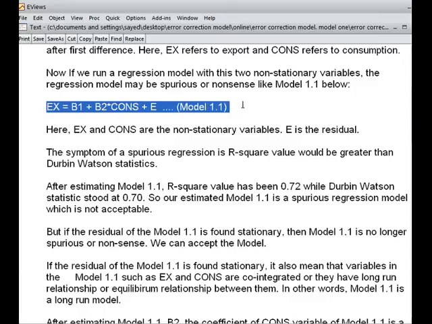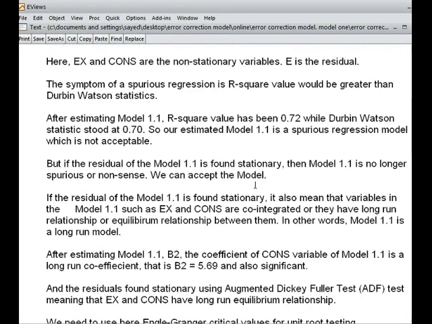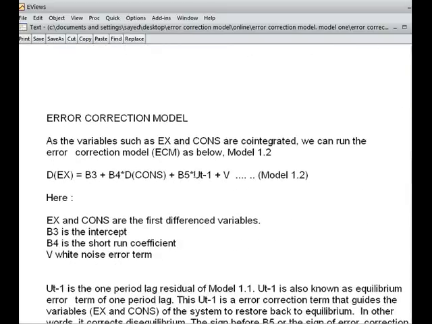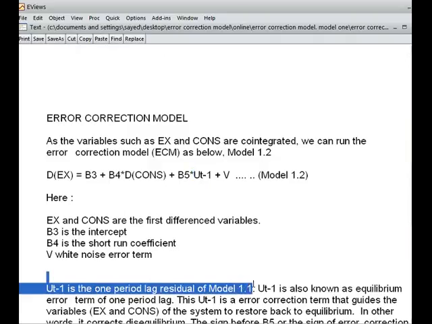Then we have taken one period lag of the residual. And that one is actually this one, ut minus 1, the one period lag of the residual of model 1.1.